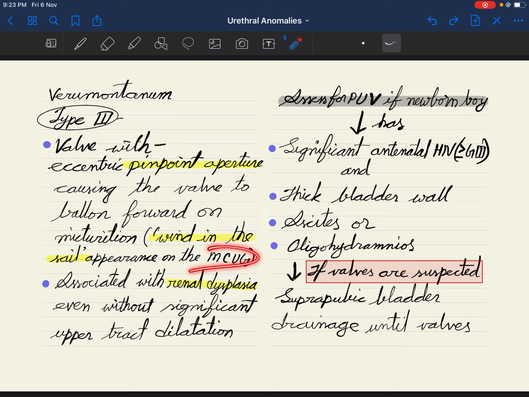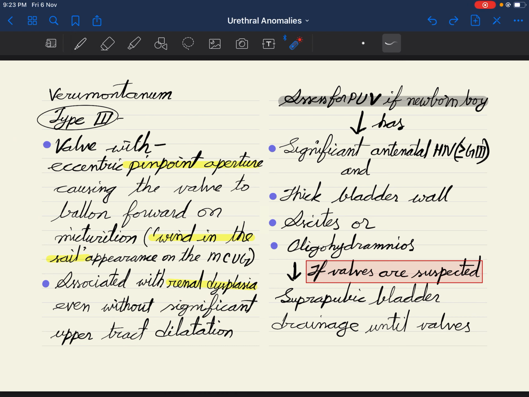On the micturating cystourethrogram, this may be shown as a windsock. Type 3 is associated with renal dysplasia even without significant upper tract dilatation.